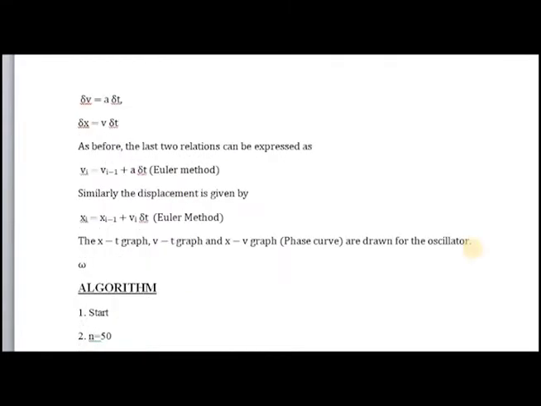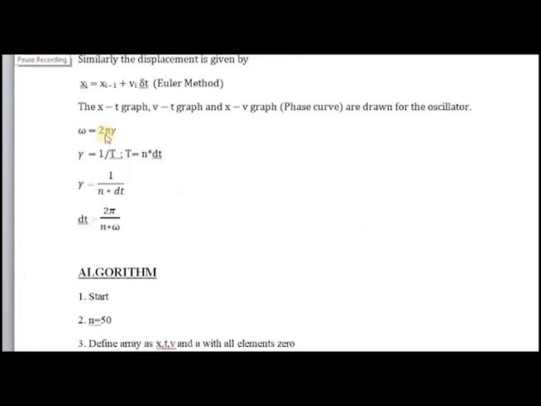We know what omega is. Omega is equal to 2 pi nu, and nu is the frequency. Frequency is the reciprocal of time period. And if there are n small intervals of time, I can write the total time period is equal to n into dt.